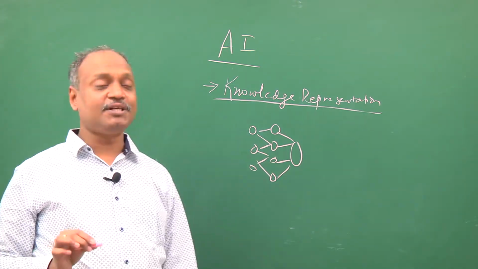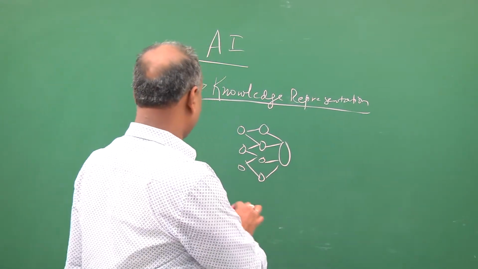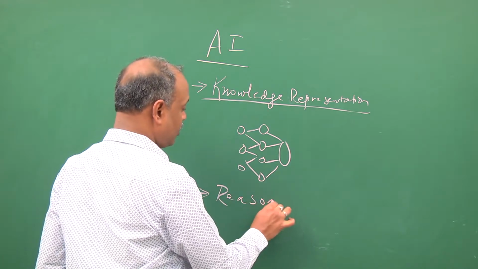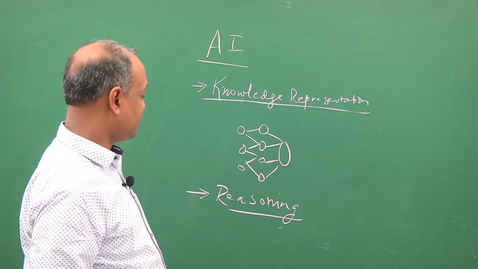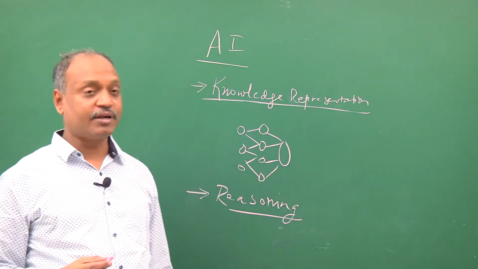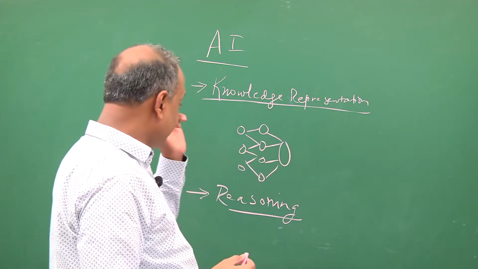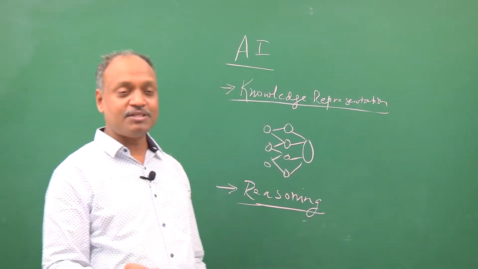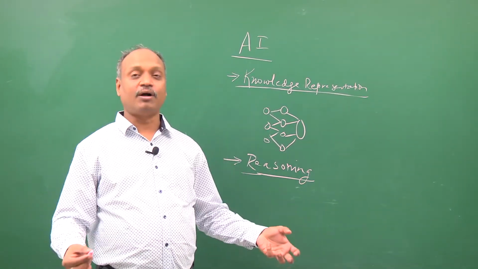So while knowledge representation is definitely an important aspect, the other aspect is what do you do with the knowledge that is represented and modeled, etc. The next aspect which is important is what is known as reasoning. Reasoning is basically a basic human tenet whereby in presence of existing knowledge you infer a new piece of knowledge.